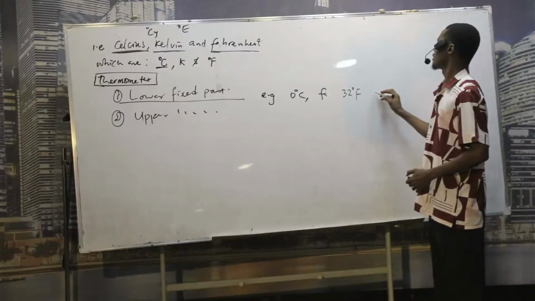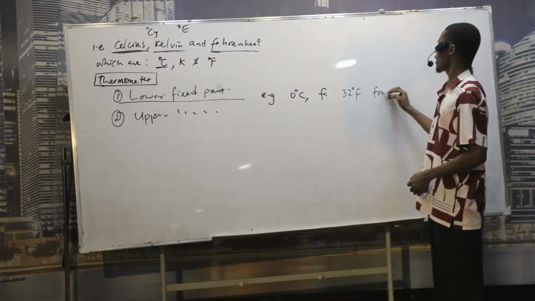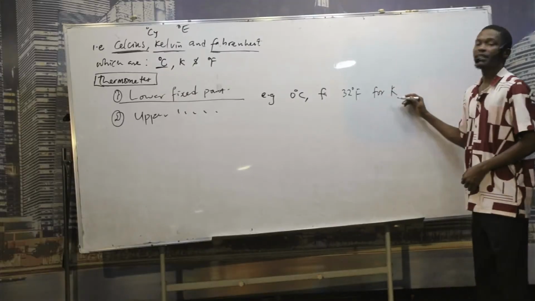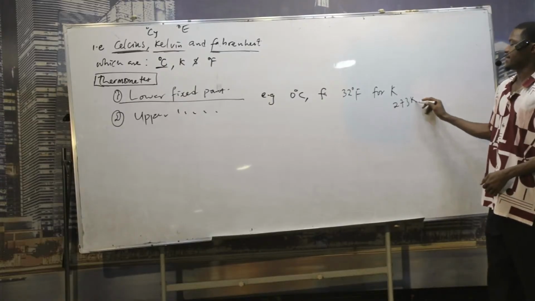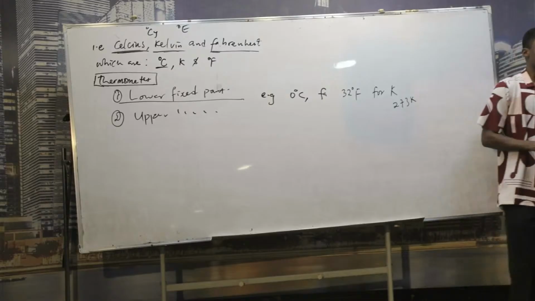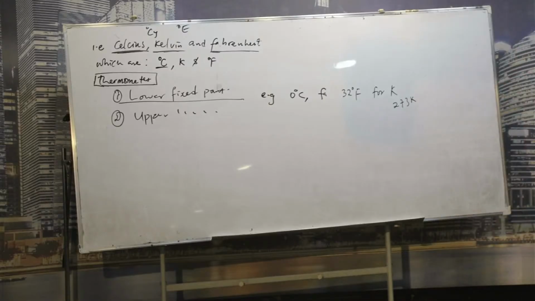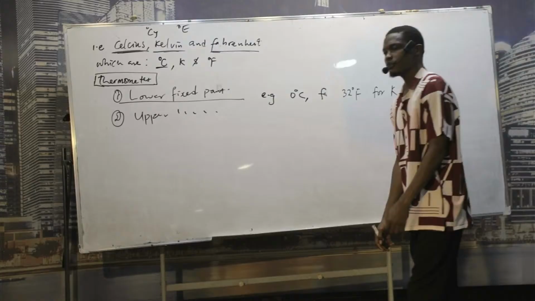And for the Kelvin scale, it is 273 Kelvin. Don't put degrees. It is 273 Kelvin. Full stop. Pick up the next one.